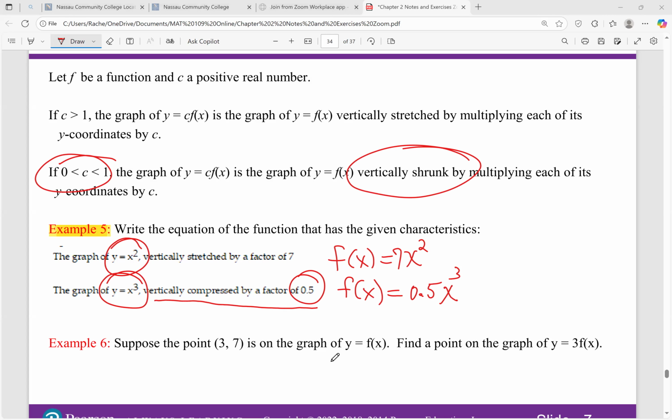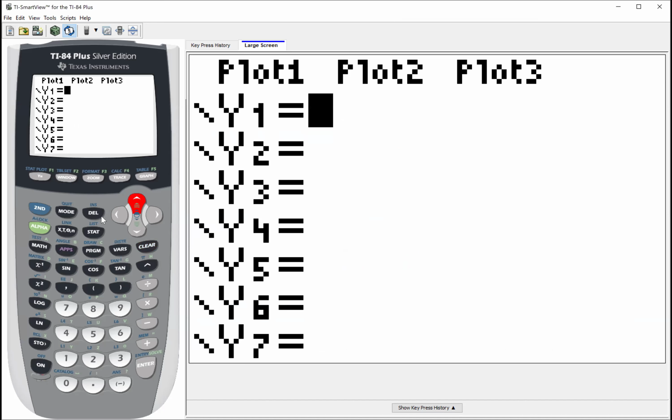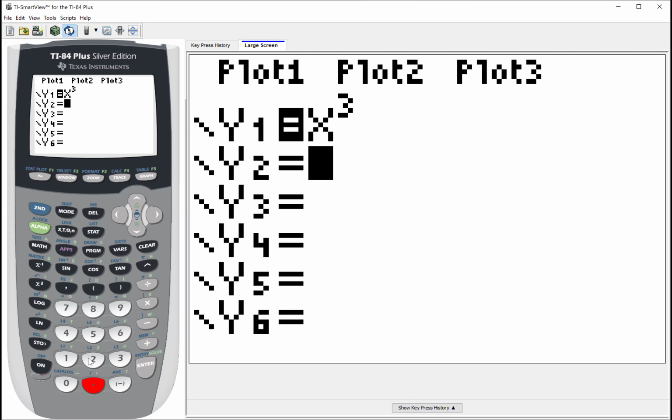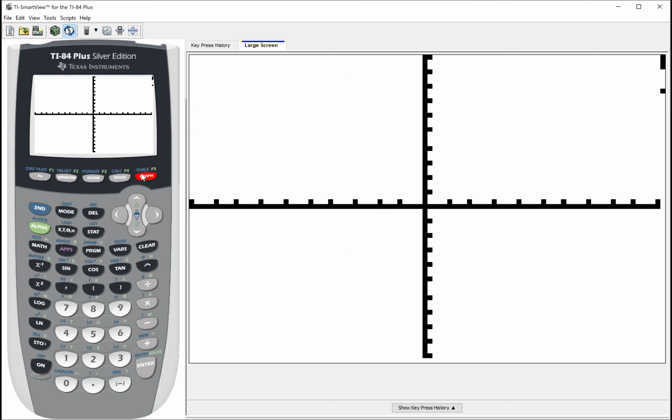And let's graph. So we have x to the third, and we'll also graph 0.5 or 1/2 x to the third. So there's x to the third.